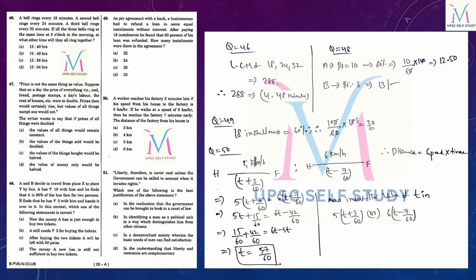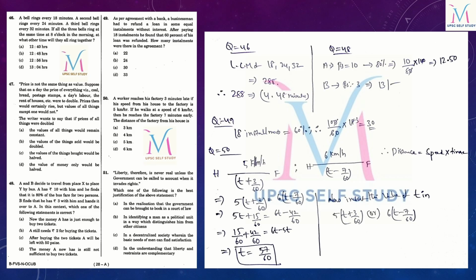Okay, here the 60, we have to convert that into hours, since speed is per hour, so we have to use that 60 there. So t plus 3 by 60 in one case.